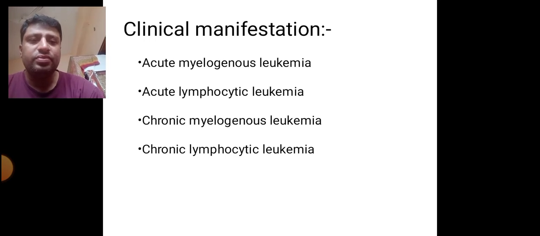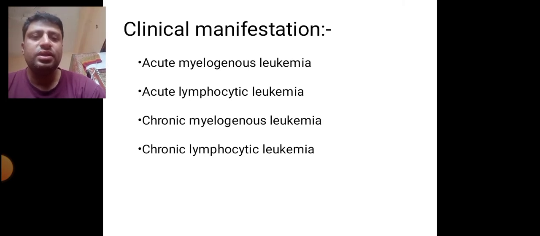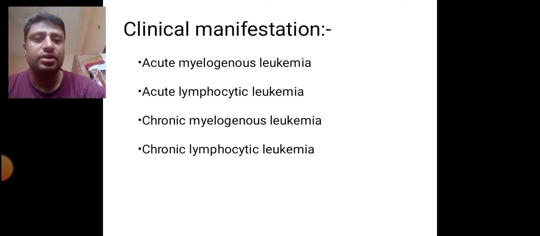Generalized lymphadenopathy, infections, weight loss, hepatosplenomegaly, headache, mouth sores. Neurological manifestations include CNS involvement. It increases intracranial pressure. There is nausea, vomiting, lethargy, cranial nerve dysfunction, secondary to meningeal infiltration.